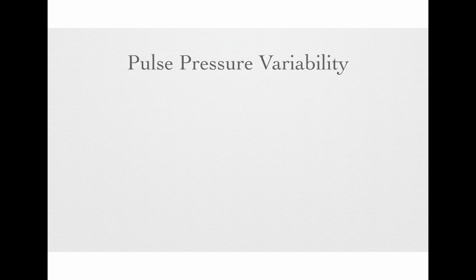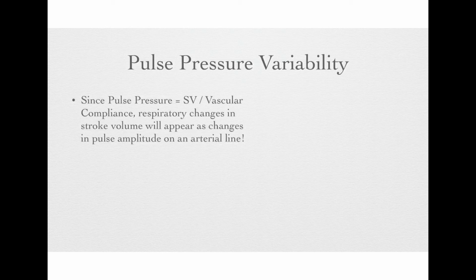One way of doing that is by looking at the patient's arterial tracing, if they have an arterial line. Since pulse pressure is equal to stroke volume over the vascular compliance, respiratory changes in the patient's stroke volume will appear as changes in their pulse amplitude on the arterial line.